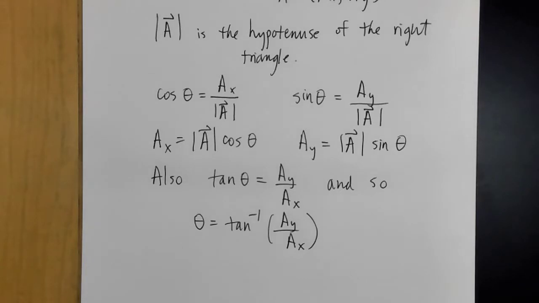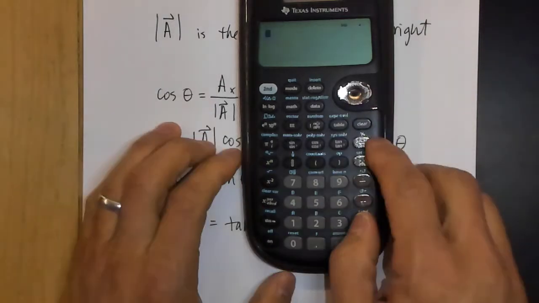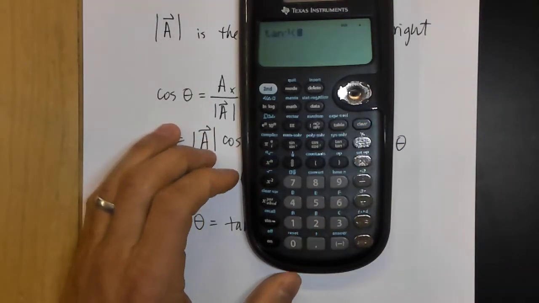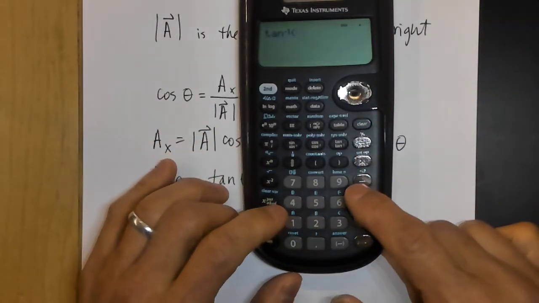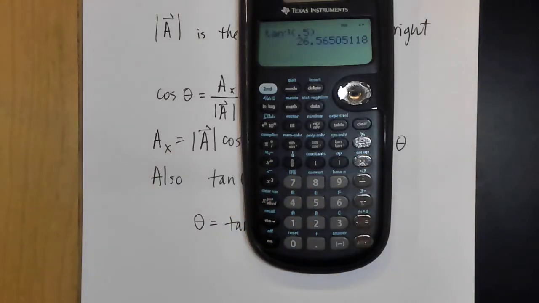However, when you do arctangent on your calculator, let's see, here's my calculator. If I do arctangent, and let's suppose I have 0.5, I just made up a number, I get 26.56. When you do arctangent, don't completely trust your calculator, because it's only giving you the answer plus or minus, possibly, 180 degrees.